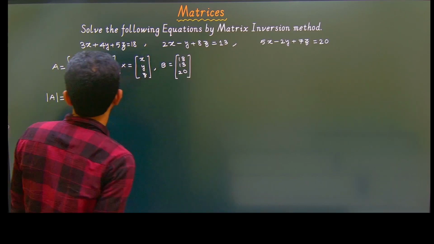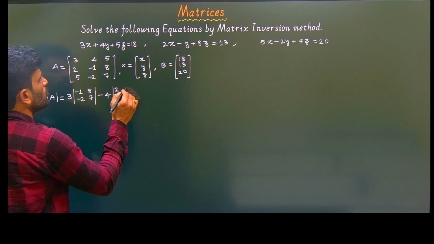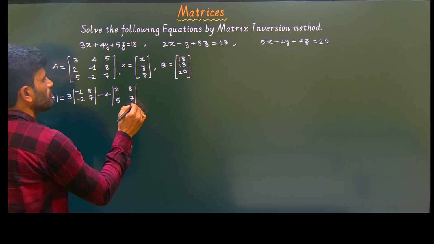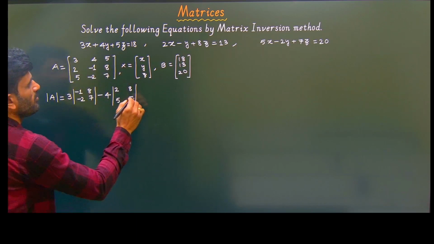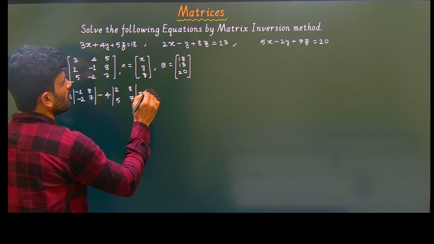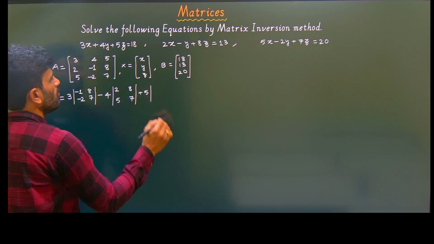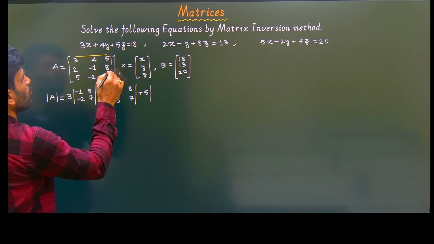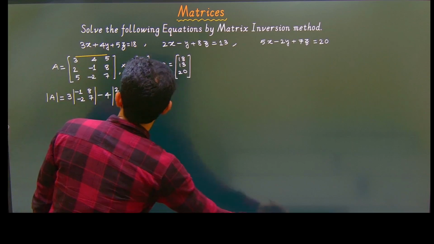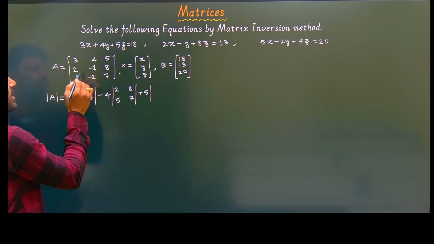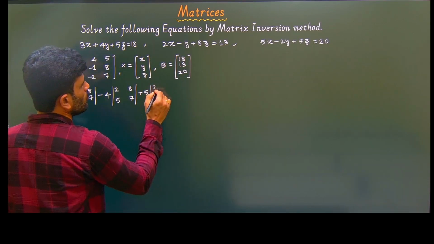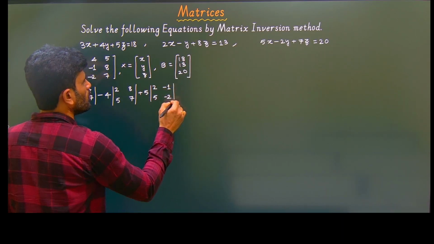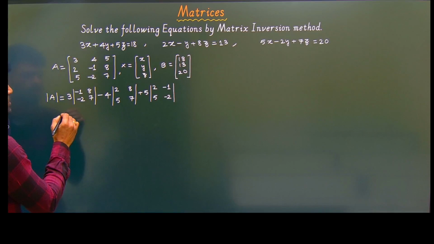That is minus 4 into 2, 8, 5, 7, plus 5. The third element 5 is present in the first row, third column. So the first row and third column should be eliminated. In the remaining elements along with 5, what is left is 2, minus 1, 5 and minus 2.